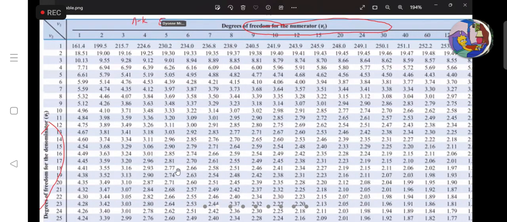Our n is 5, our k is 2, so 5 minus 2 is 3, minus 1 is 2. Look at this row. Wherever they meet, you get the critical value.